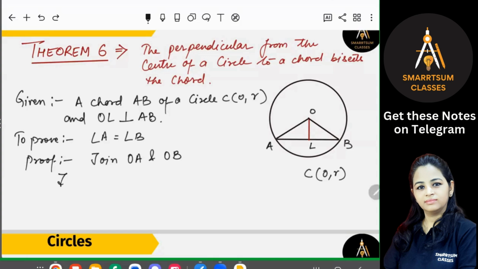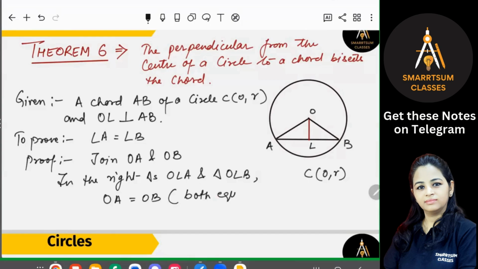So write down, in the right triangles OLA and OLB, what do we have? OA is equal to OB, yes or no? OA and OB are equal. Both are radii of the circle, right? So OA is equal to OB, both equal to R, the radius of the circle, right?